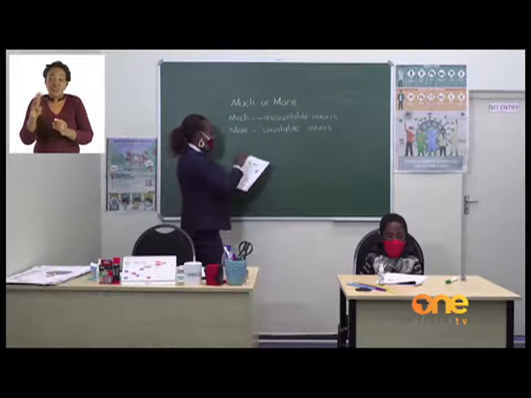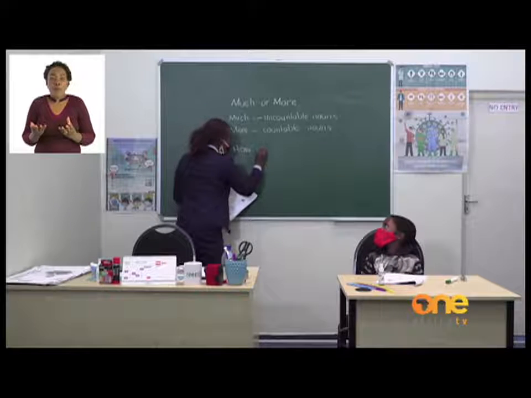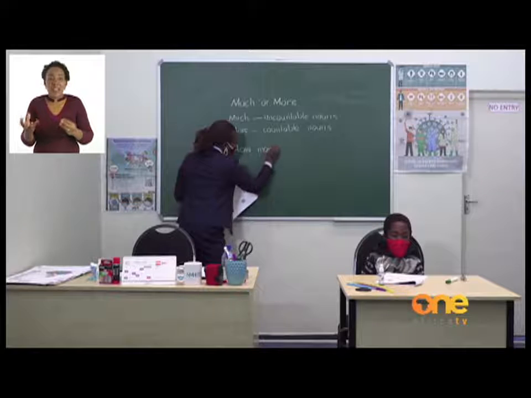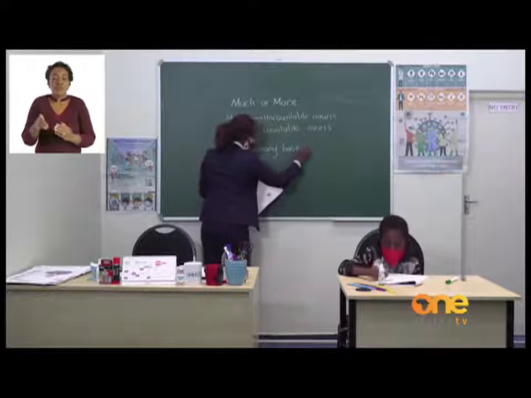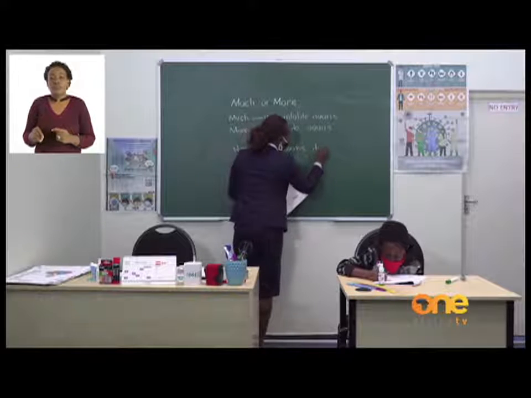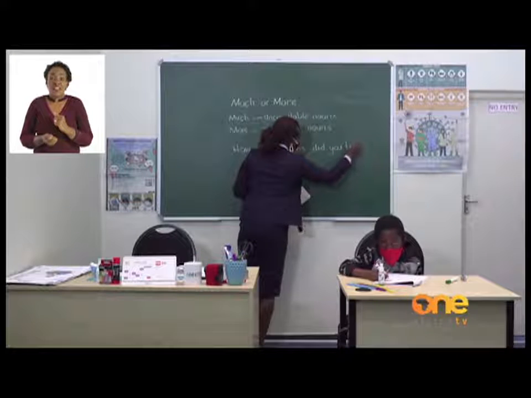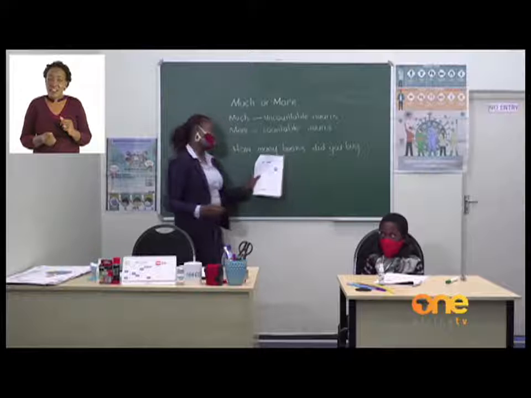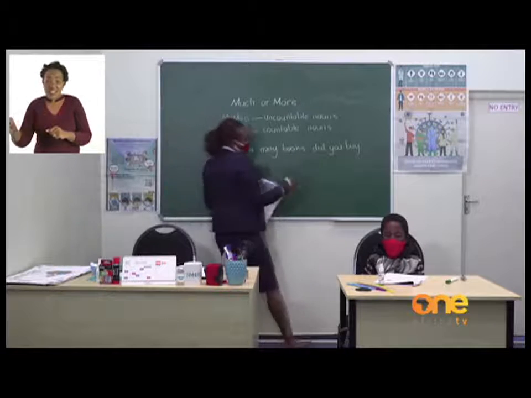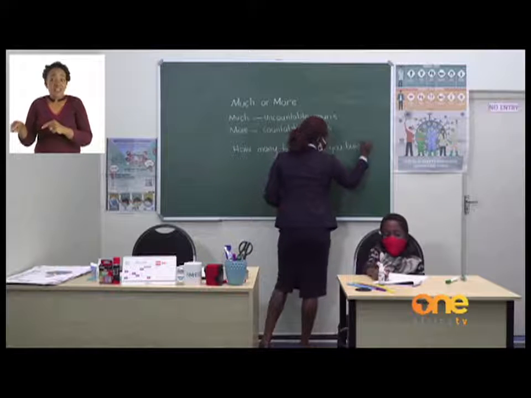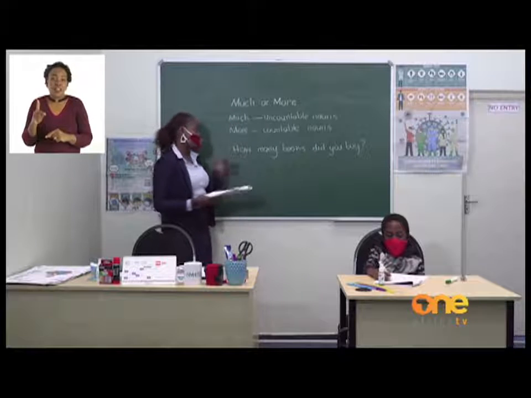So we say, how many books did you buy? And this is a sentence, but it's a question. So at the end of the sentence, you put a question mark. Okay?